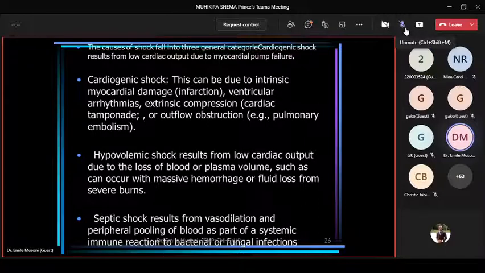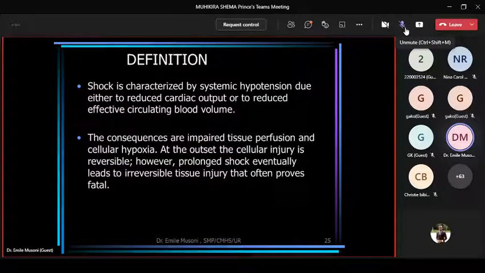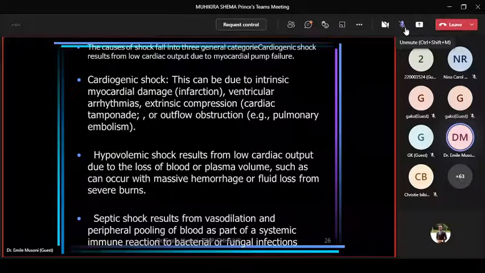This is a septic shock, and you have to understand the definition of the shock. There will be hypotension due to reduced cardiac output or circulating volume. For this one, in septic shock, there will be an inflammation, which will be a systemic inflammation, which can be either in the lung, kidney, liver, and the other parts of the body, even the intestine.